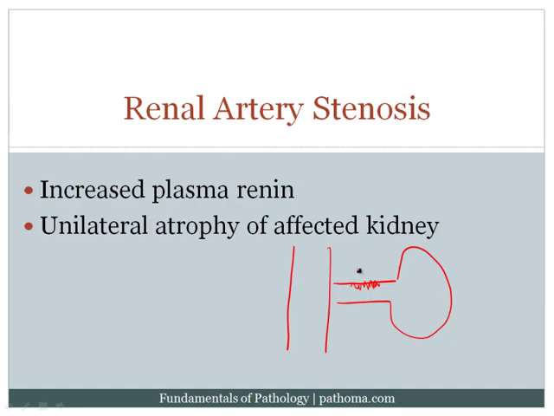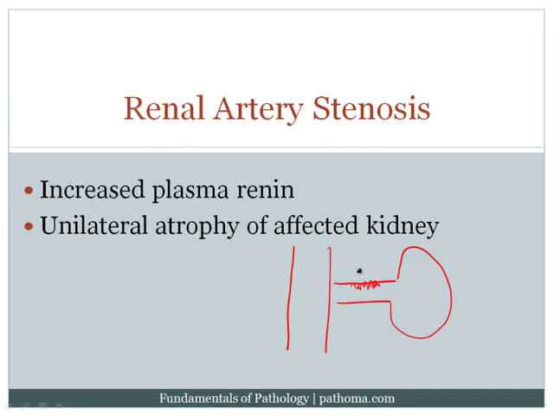Basically, it grabs sodium and dumps potassium. And when it grabs sodium, eventually water will follow, expanding the plasma volume. So angiotensin 2 raises the blood pressure by directly contracting arteriolar smooth muscle and by promoting release of aldosterone from the adrenal, which will then grab sodium from the distal convoluted tubule and eventually expand the plasma volume.